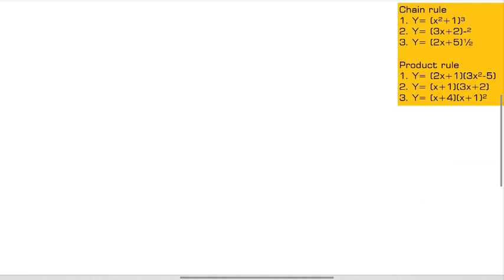Now product rule is when you have two items multiplying themselves. So y is equal to (2x plus 1) times (3x squared minus 5). We have to find the derivative of this function.